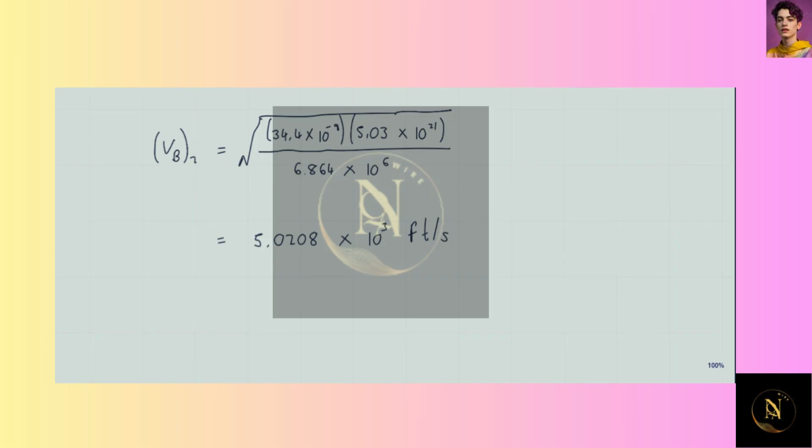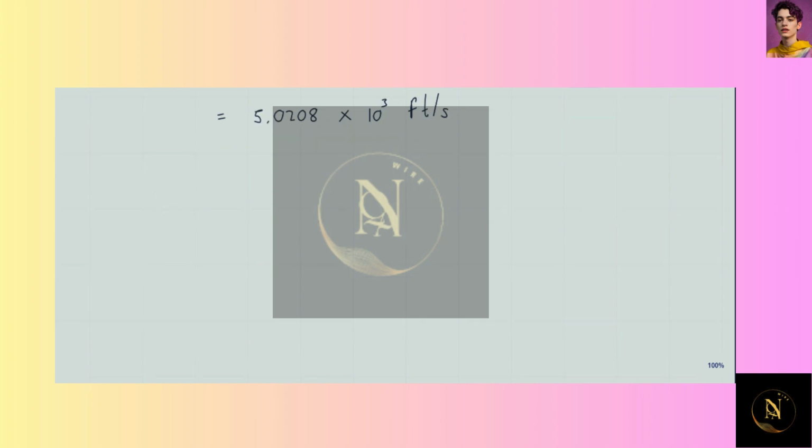Now those are the circular orbits. So now we need to calculate the velocity of the transfer orbit from A to B. So we'll call that AB. Now for the transfer orbit, we want to calculate VA2.